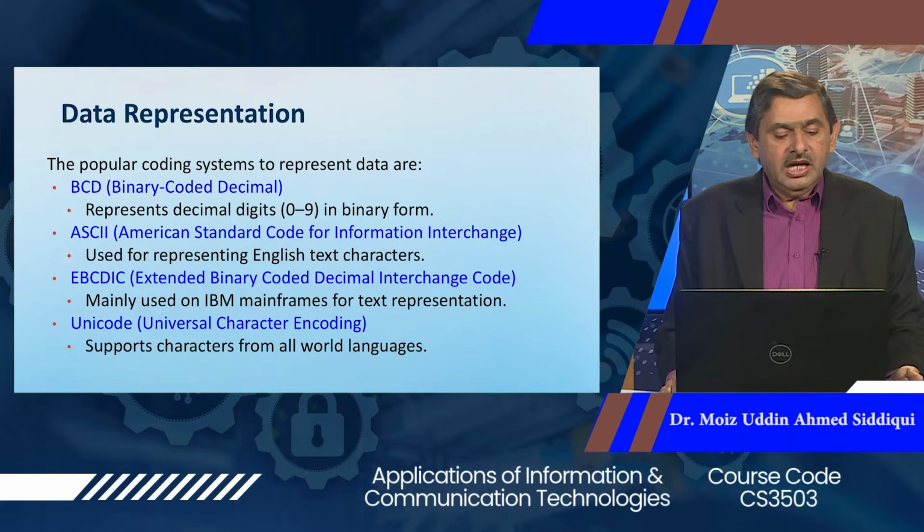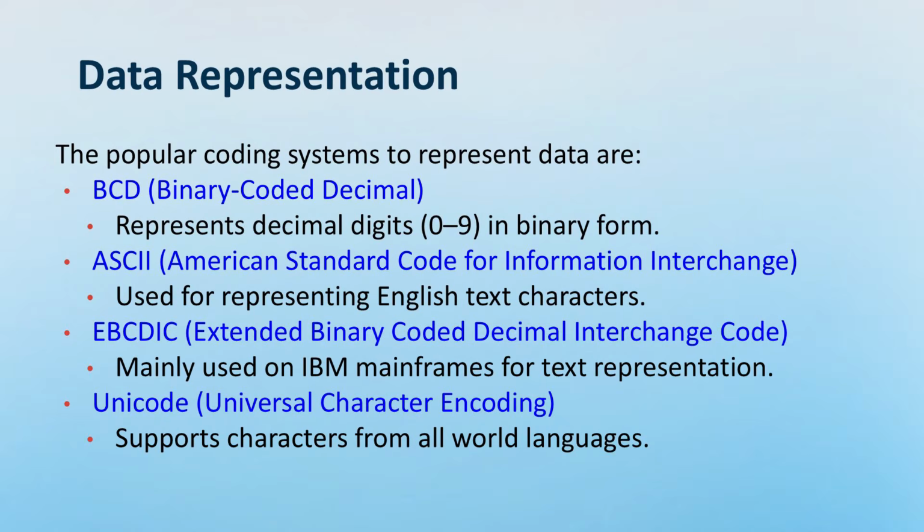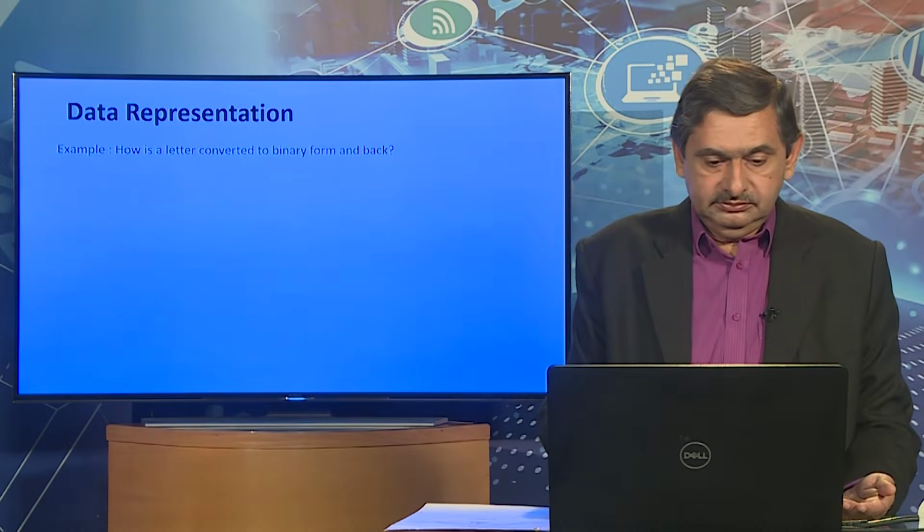Next, we have EBCDIC, which is Extended Binary Coded Decimal Interchange Code and mainly used on IBM mainframes for text representation. In the last, we have the Unicode system, which is Universal Character Encoding, and that supports characters from all world languages.